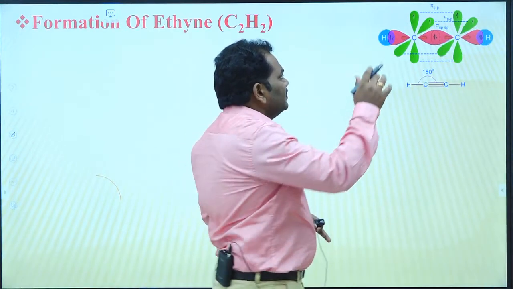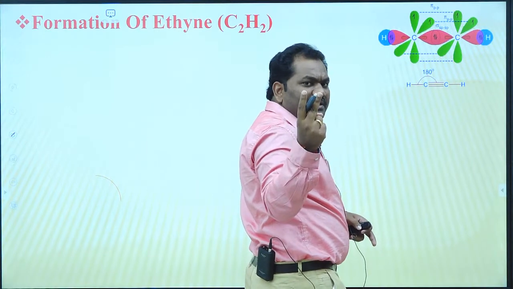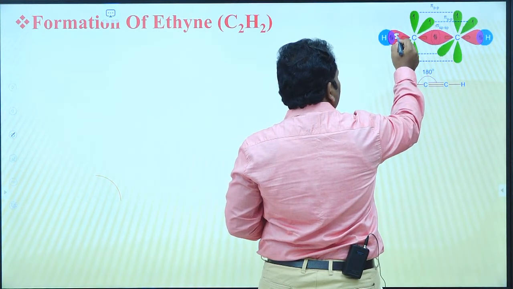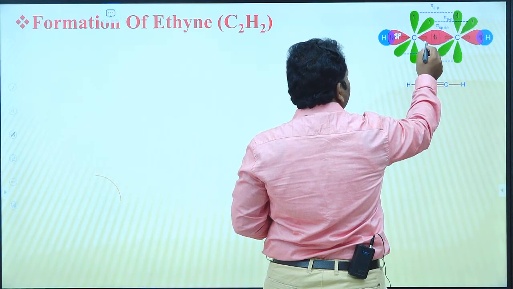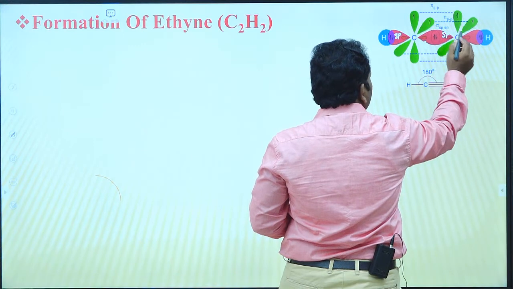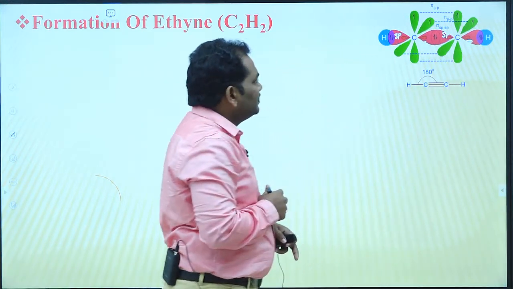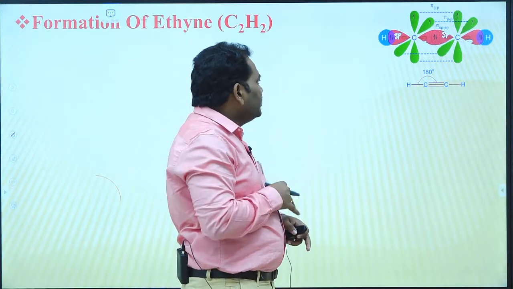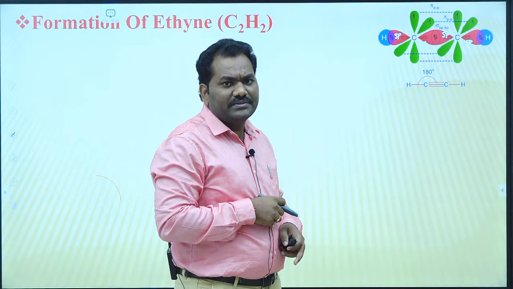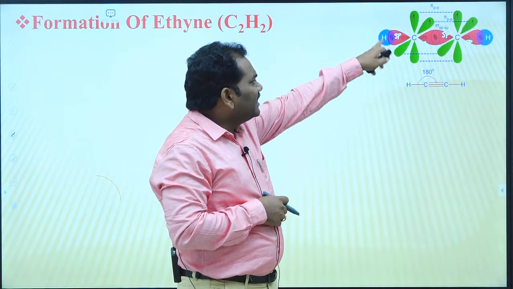Each carbon has 2 sp hybridized orbitals. In total, in C2H2, 4 sp hybridized orbitals are present on both carbons. Then the remaining 2 orbitals are unhybridized orbitals.